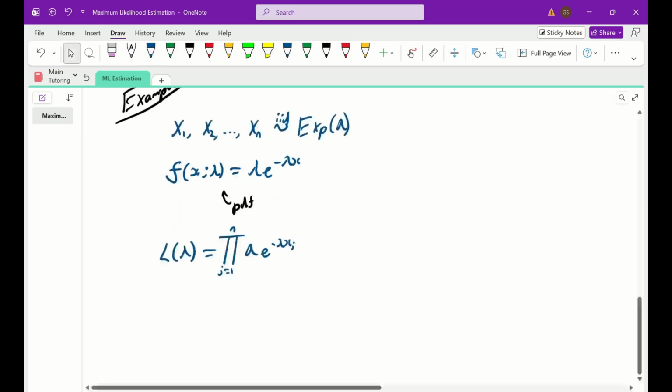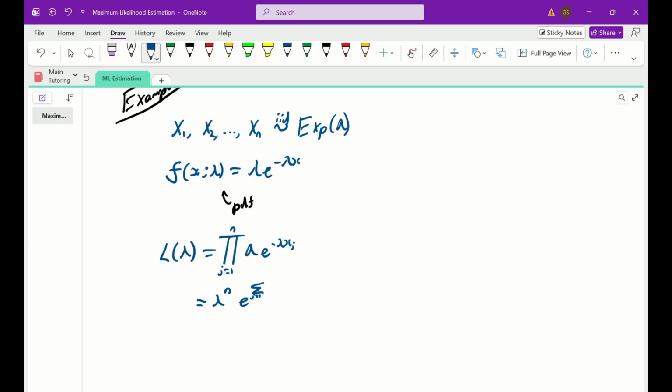Okay, and then let's see, can we simplify this likelihood function? Well, this lambda doesn't depend on j, so I can pull it out, lambda to the n. And with exponentials, if you have lots of exponentials being multiplied together, then the powers add, right? It becomes additive in the power. So we get e to the, this becomes a sum, so we add up from j equals 1 to n of negative lambda xj.